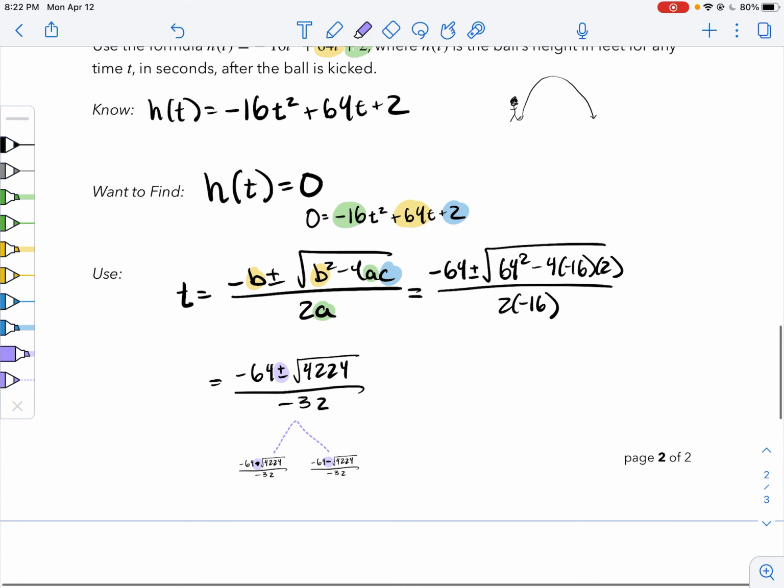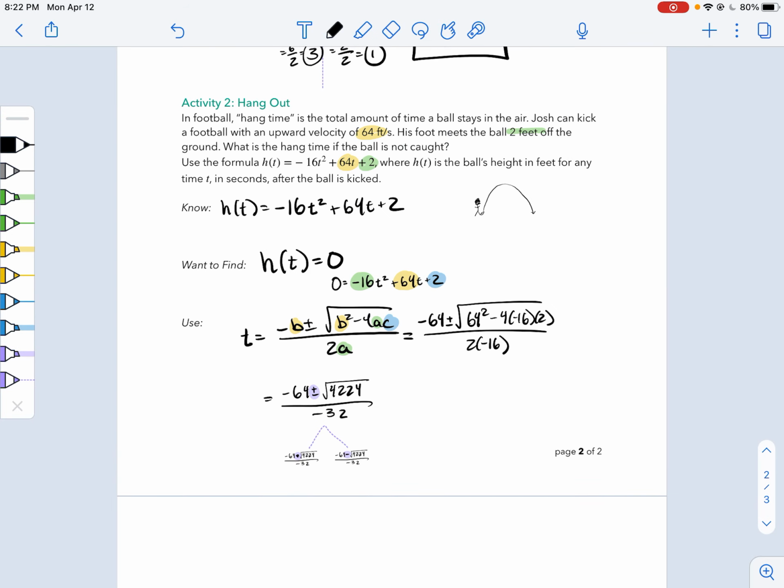Now what do we get? We end up getting, okay, that means that t equals, actually I'll write this down here. t equals negative 0.031 or 4.031. Now why do we have two answers?